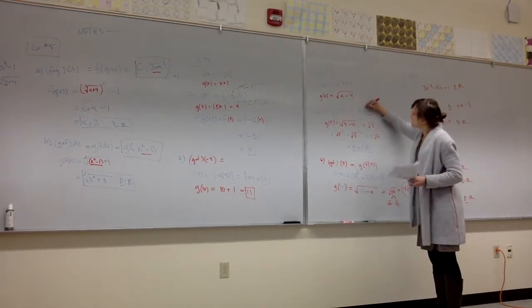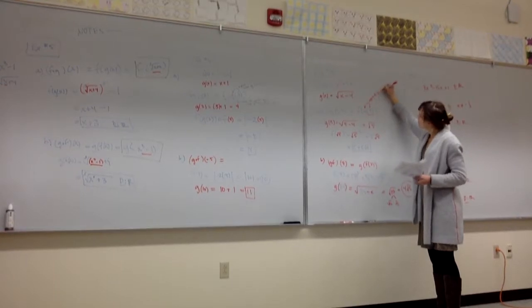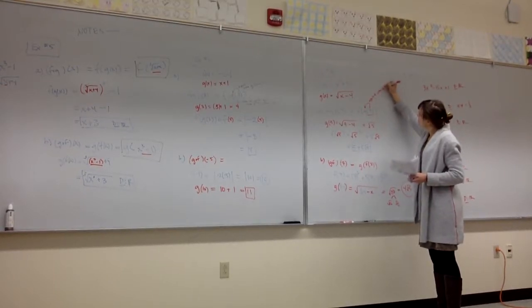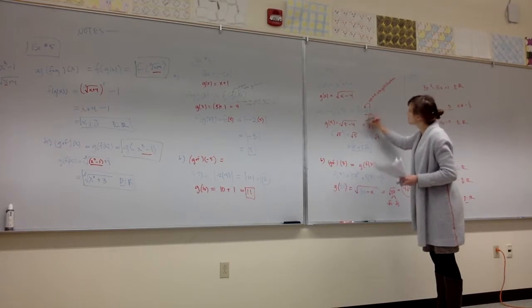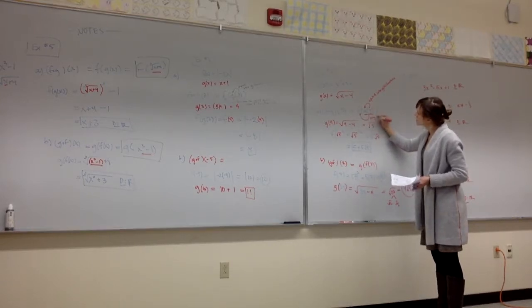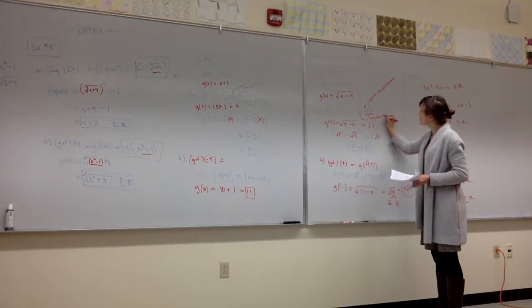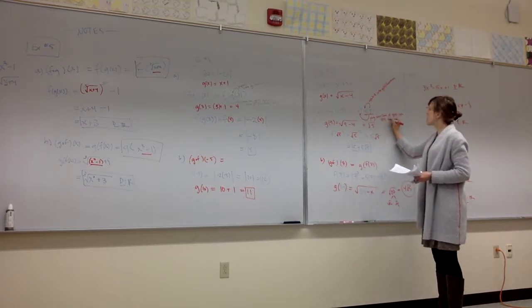So I'm inputting 9, so input 9 into the g of x function. And then whatever I get for that answer, I then plug this whole thing into the f of x function. So I plug the solution of g of 9 into f of x function for x.